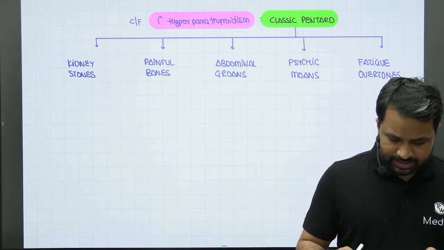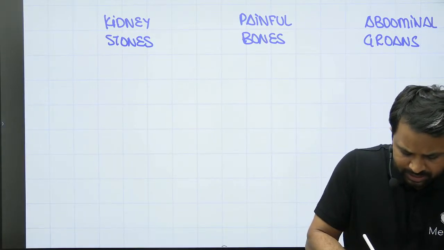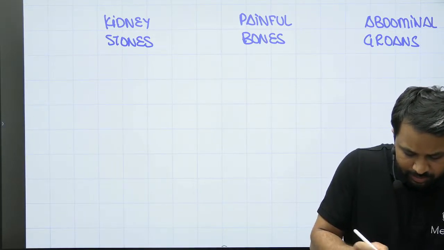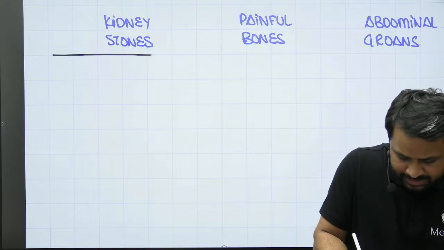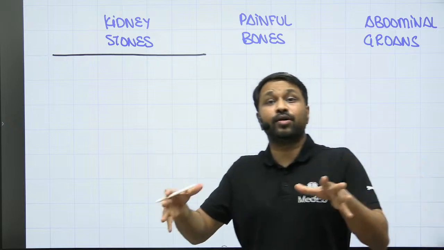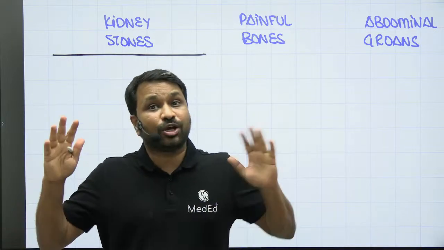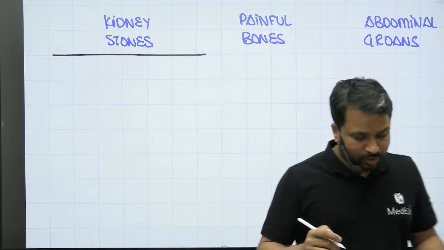Now let's understand why there will be kidney stones. The concept is quite simple and easy to understand. Kidney stones in primary hyperparathyroidism occur because there's an excessive amount of calcium coming from the bone into circulation. That excessive calcium in the blood will go into the kidneys for renal filtration. So obviously the concentration of calcium in the kidneys will also increase.